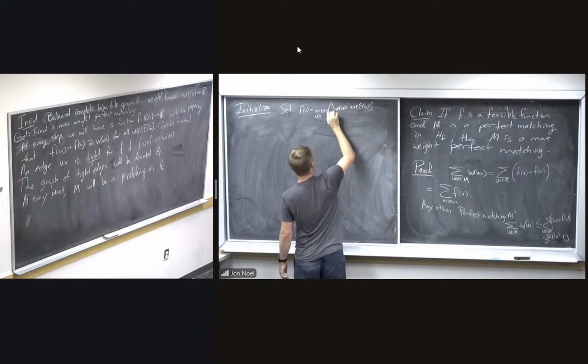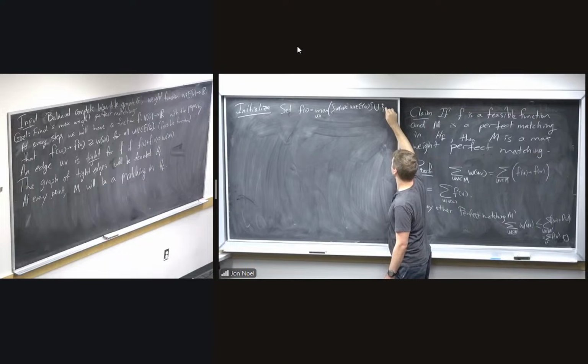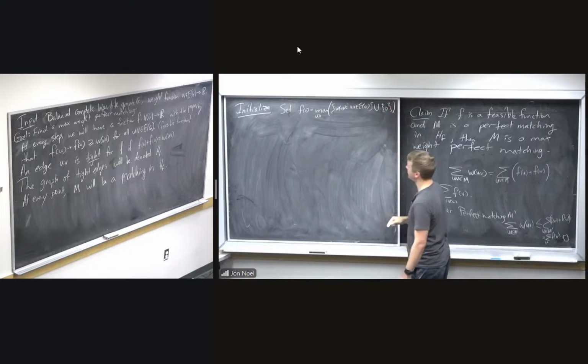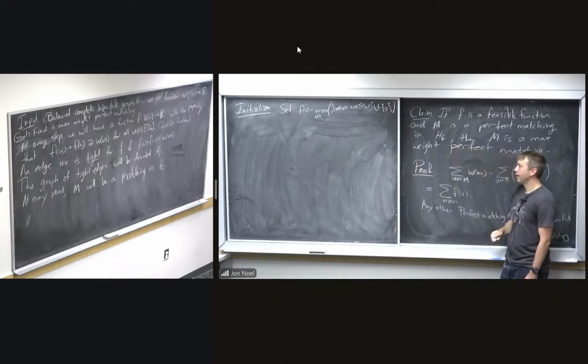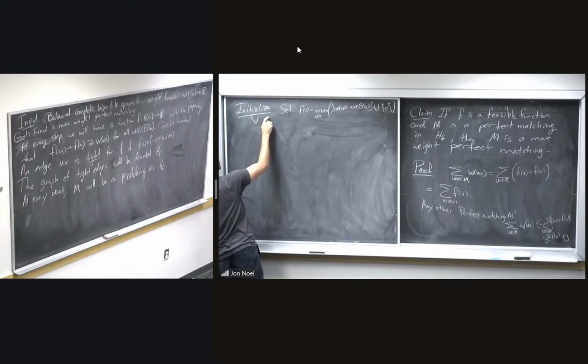And maybe I'm a bit worried about negative numbers, so let's also put in 0. Anyway, just make it bigger than it needs to be, for all vertices.